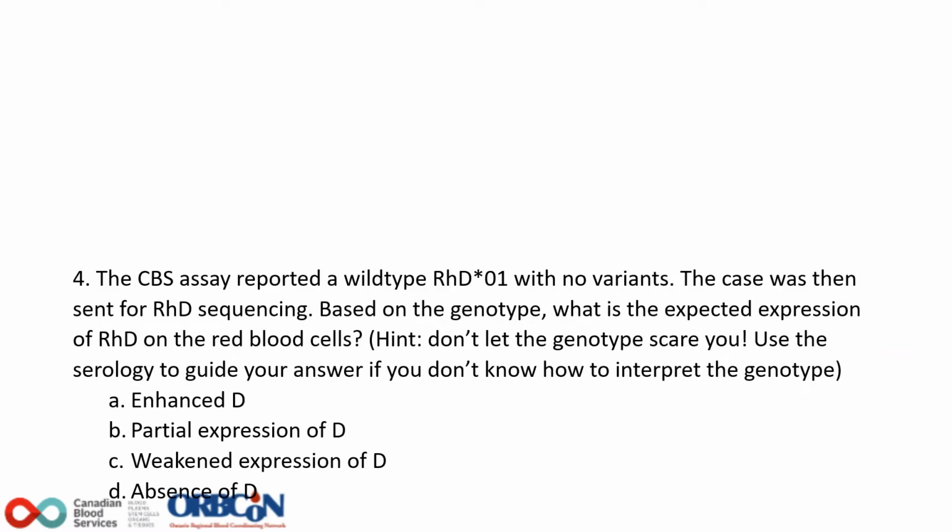So we know that something is off, right? So we send it for our in-house CBS RHD sequencing, and it comes back with RHD*01, which is a wild type, means normal pizza pie, nothing else, nothing wrong.